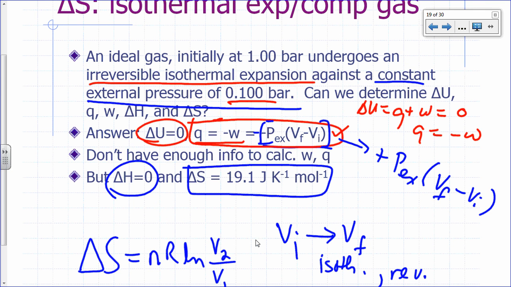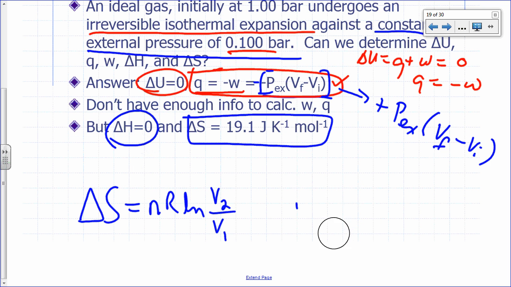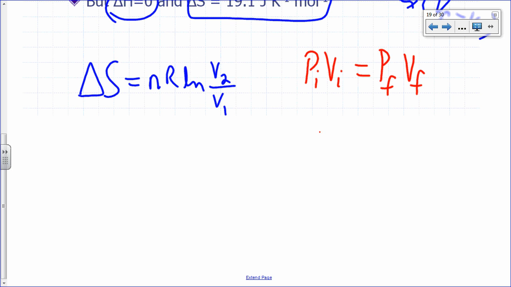Okay. How did I get 19.1? Isothermal, what do we know about V2 over V1, or V final over V initial? Isothermal, ideal gas, that means P initial V initial equals P final V final, right? So if I want to know V final over V initial, that would give me P initial over P final.